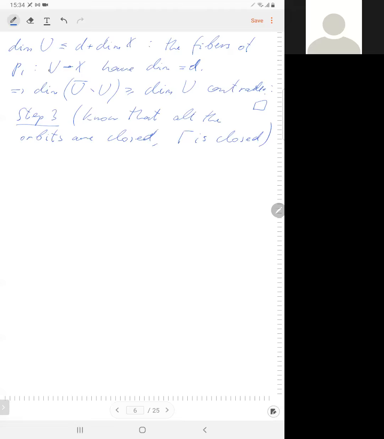So we take an open affine Y in X, but now, contrary to what we achieved before, this open affine Y is not necessarily G invariant.